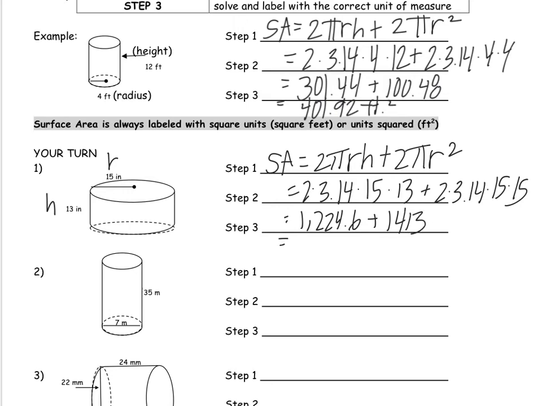Then we add those together. So 1,224.6 plus 1,413. We get 2,637.6 inches squared.